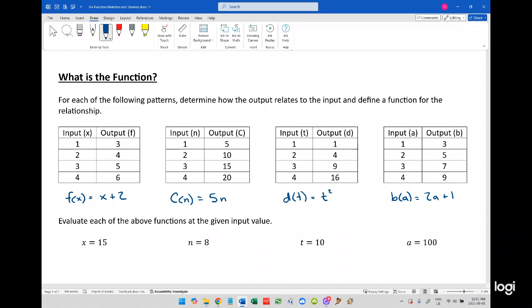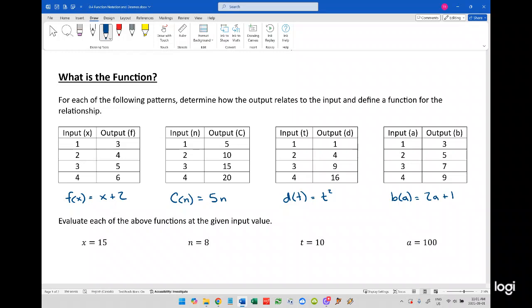Okay, and as far as these different variables go, the first one is generic function notation, which we usually use, f at x. And if we need more variables, we tend to go g and h, and just kind of in order. C at n, that might be a function that gives you the cost depending on the number of items you buy. So these might be $5 items. Maybe you're buying t-shirts that are on sale for $5 each.